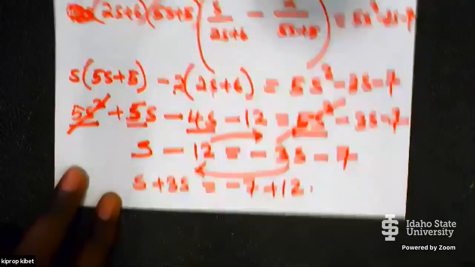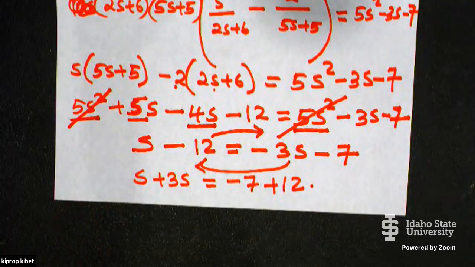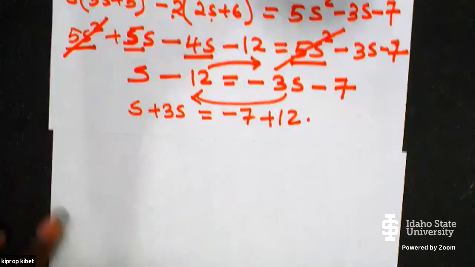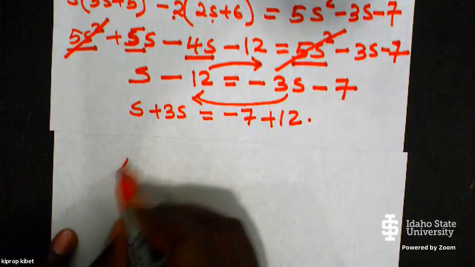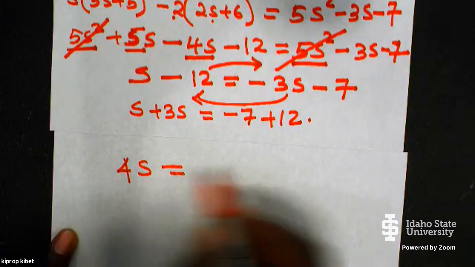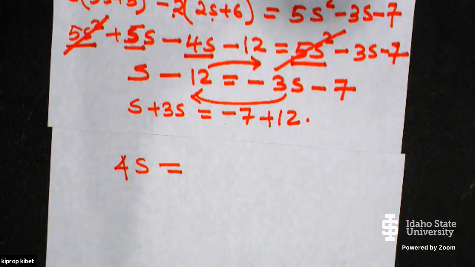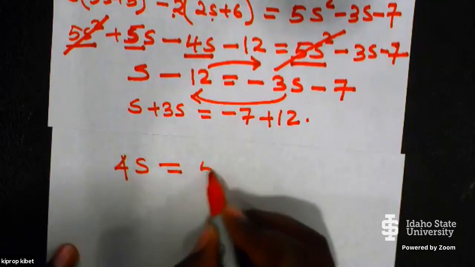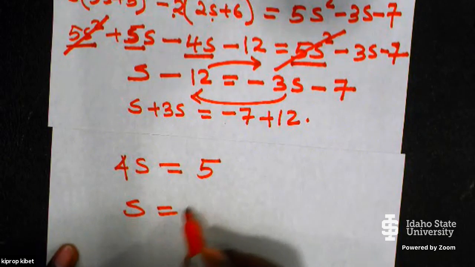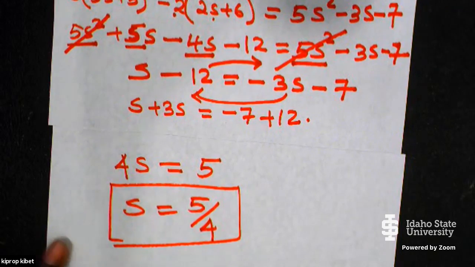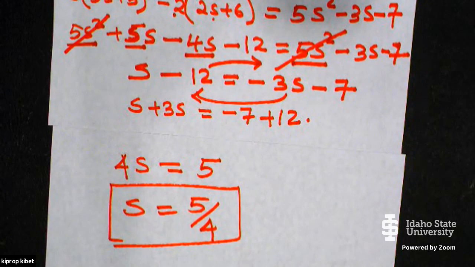Plus 12. Okay, so we have here 4s equals to minus 7 plus 12 is what? Positive 5. So we have 5 here. So s equals to 5 over 4.